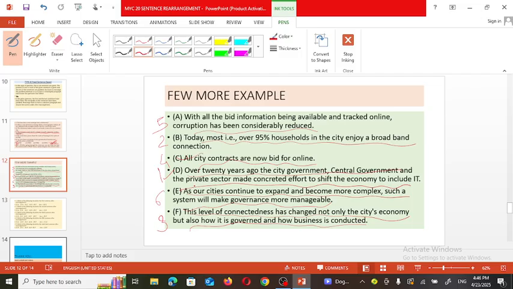And the sixth one will be, as our cities continue to expand and become more complex, such a system will make government more manageable. So in this way, we need to rearrange the sentences: first, second, third, fourth, fifth, and sixth.